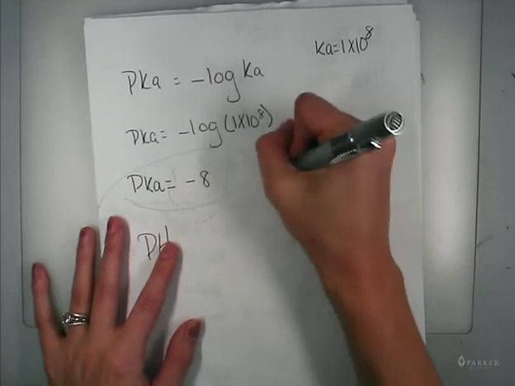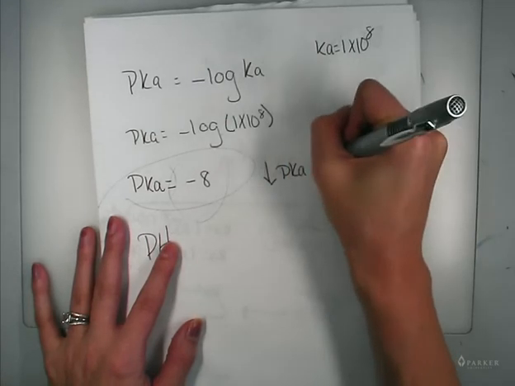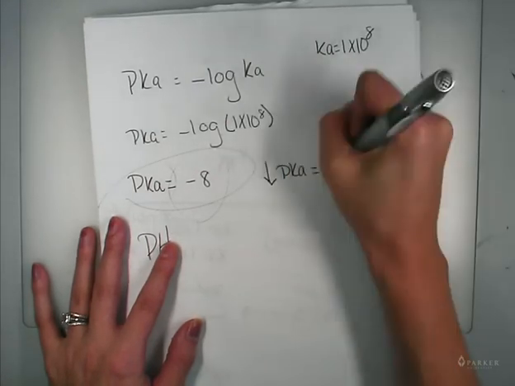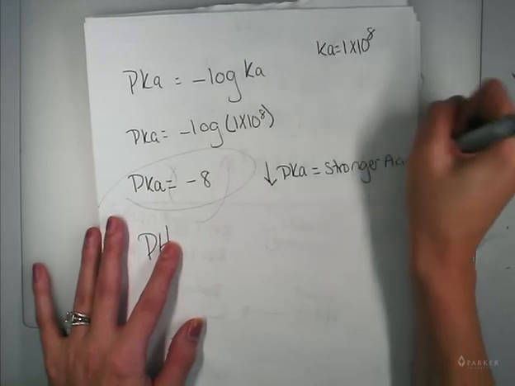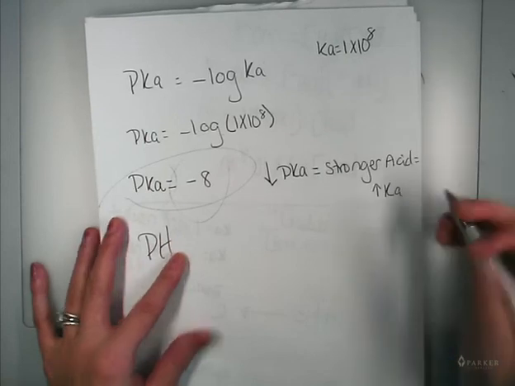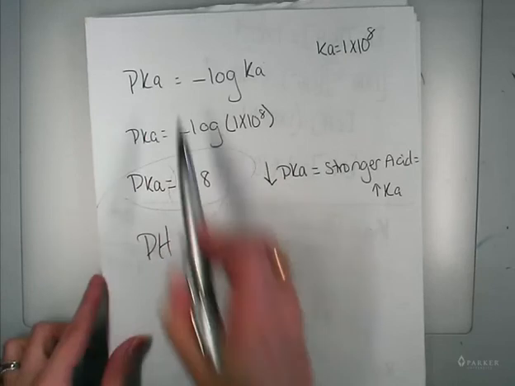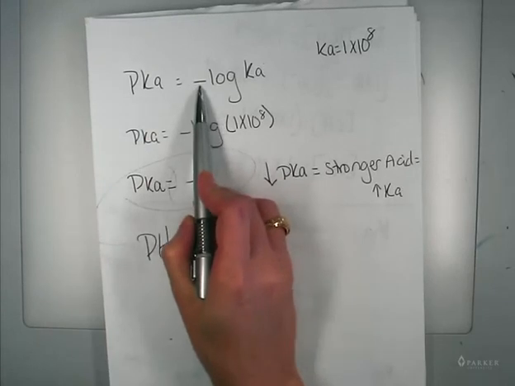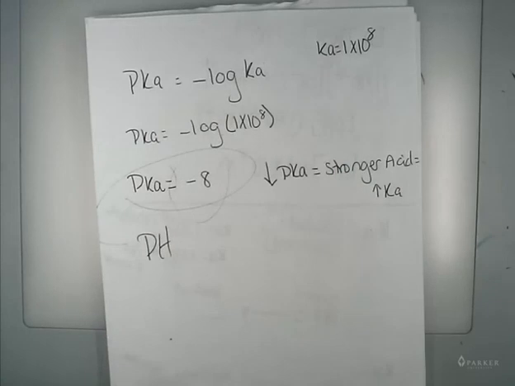Okay, so lower pKa equals a stronger acid, which equals a high Ka. So pKa and Ka are always the opposite trend because of that negative sign there. So if you have a low pKa, that means you have a really high Ka.